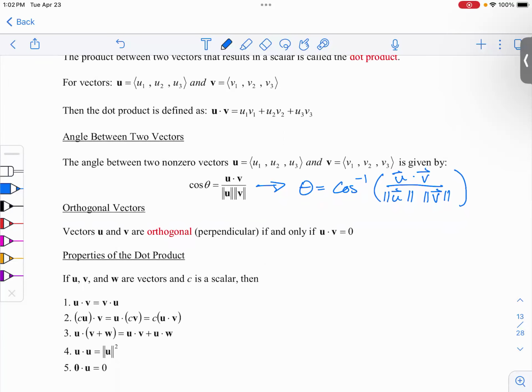The dot product is nice because it can identify orthogonal. Orthogonal is just a fancy way of saying perpendicular, but this is terminology we want to get familiar with. Perpendicular, orthogonal, all fancy ways of saying what kind of angle? What does perpendicular mean? 90 degrees, a right angle.